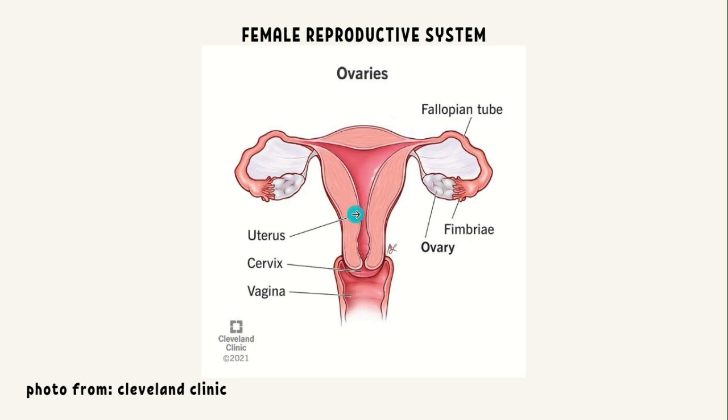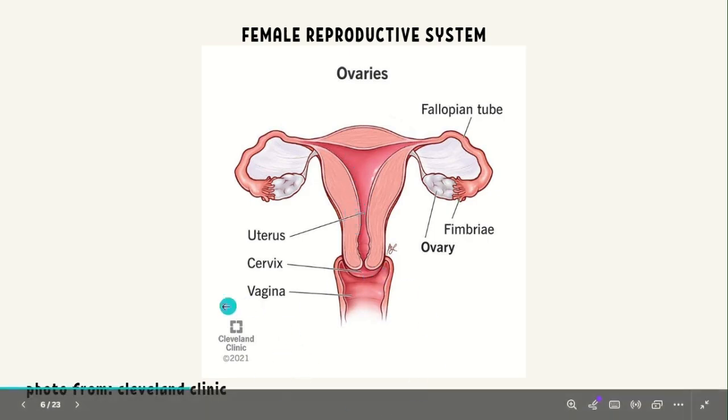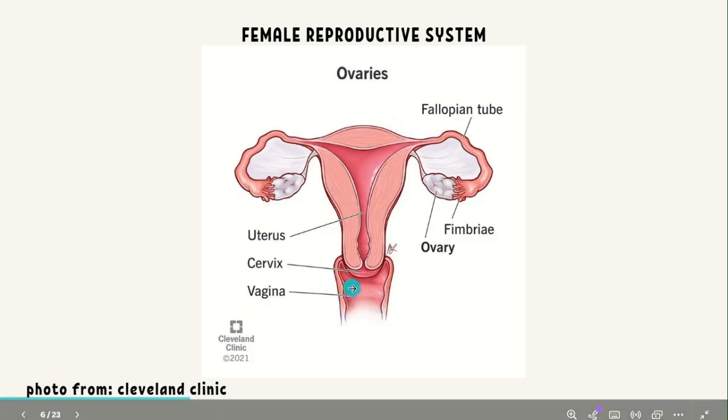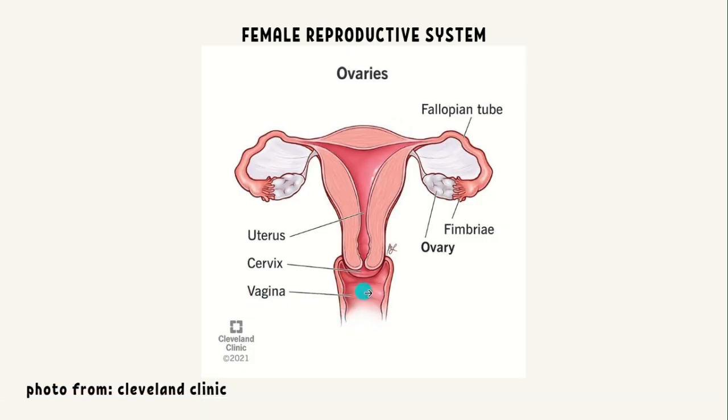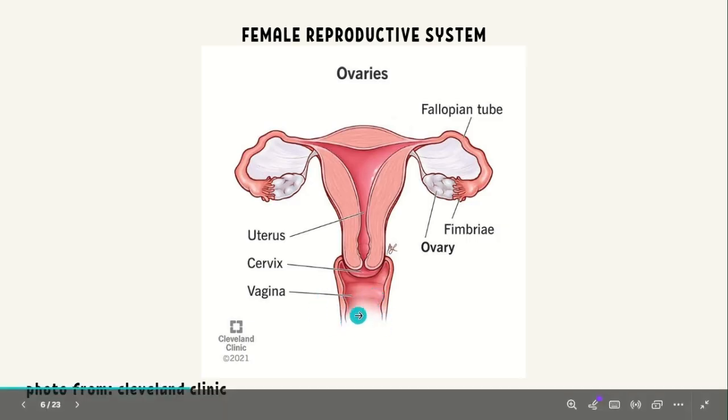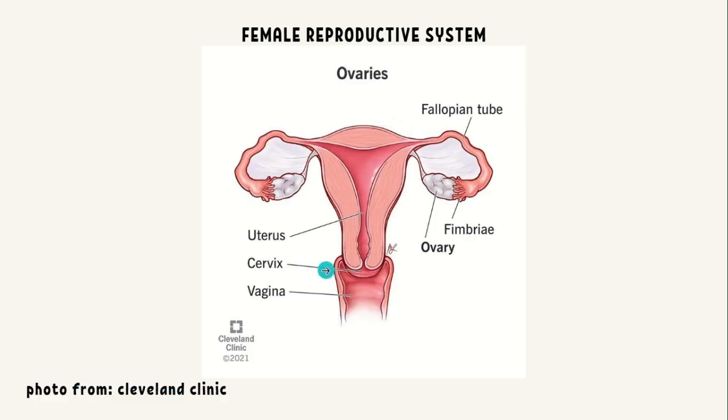The space in here is the uterus. So this is where the vagina is, down here. This is the vaginal opening, and then you have the cervix to the back.